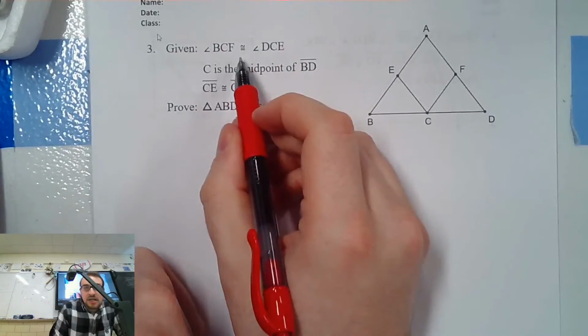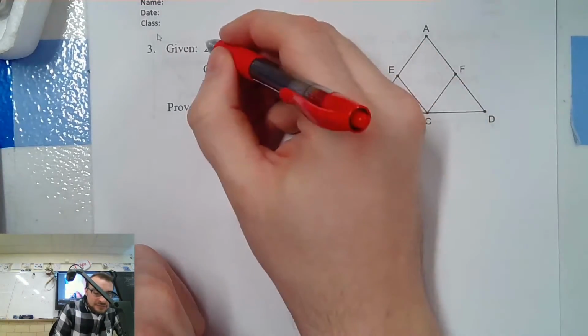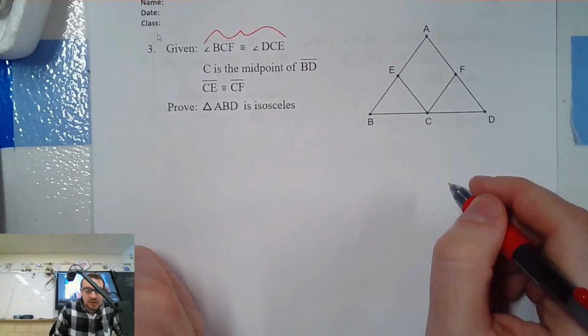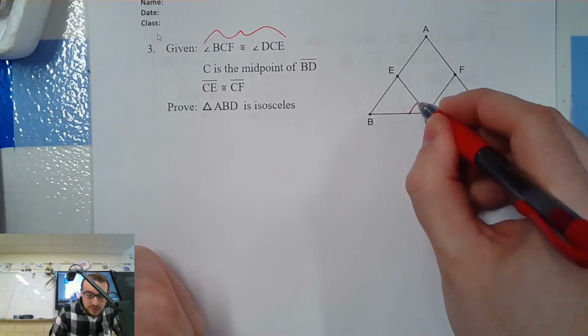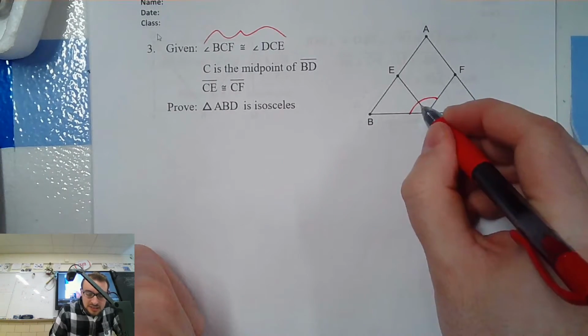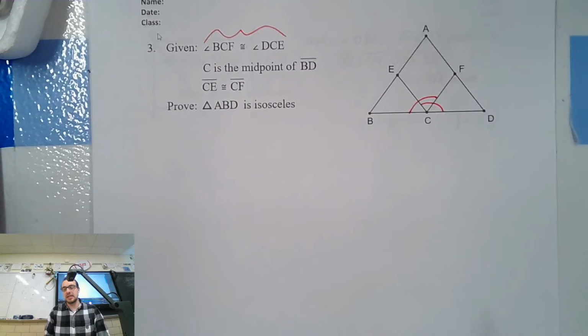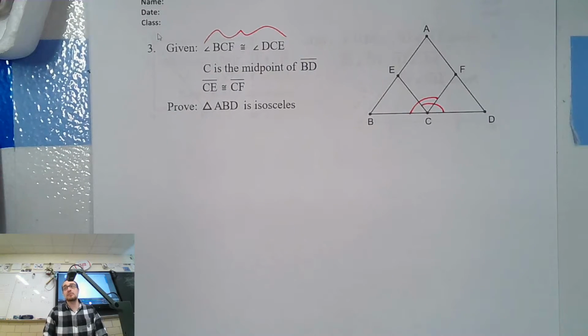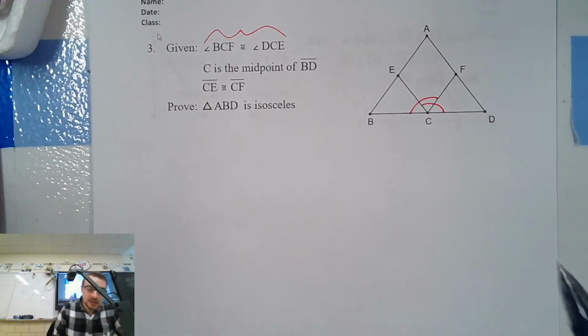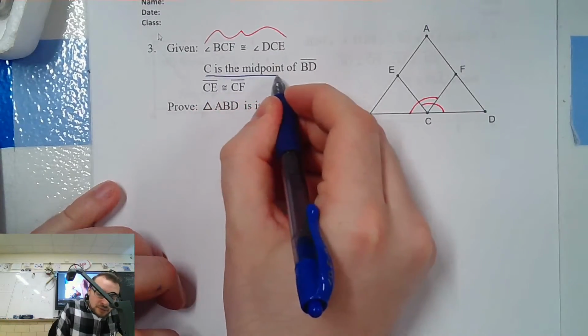So, next, BCF and DCE. We know these are congruent. So here's BCF, and there's DCE. They're the same thing because they intersect each other. If you add them both up, it'll be more than 180 because there's overlap, right? They're both obtuse. C is the midpoint of BD.